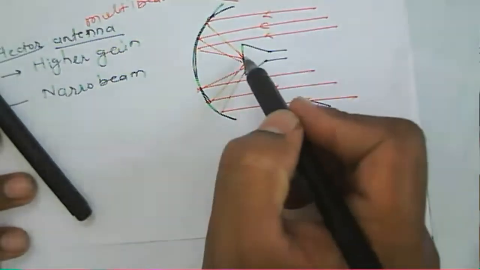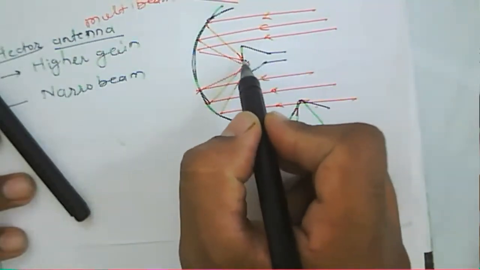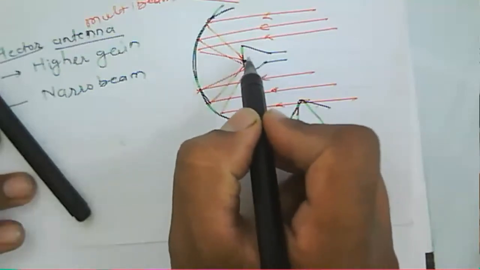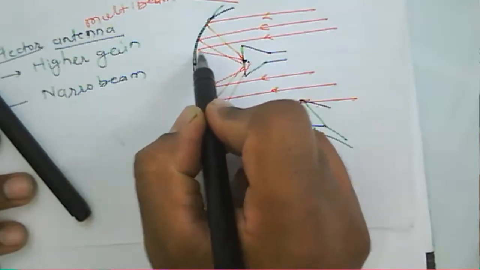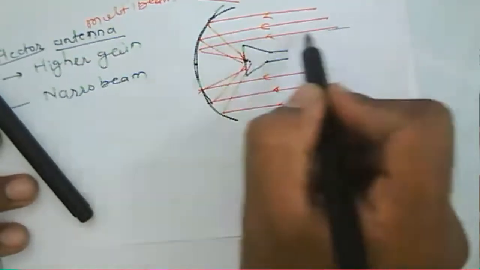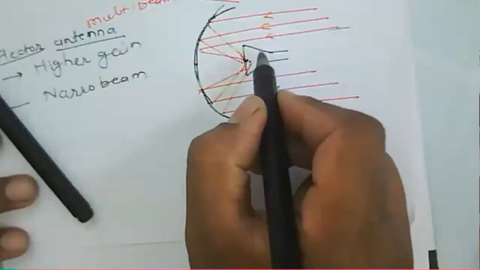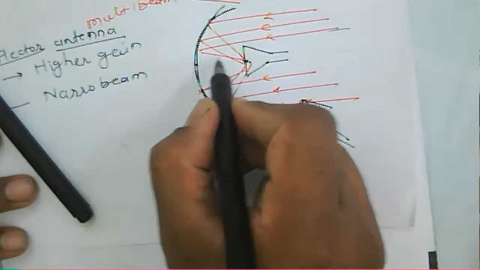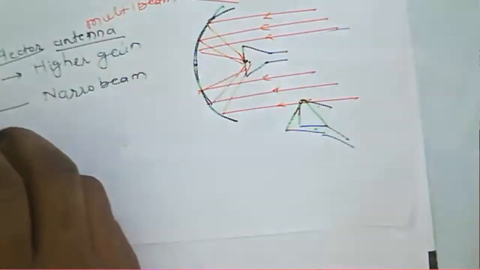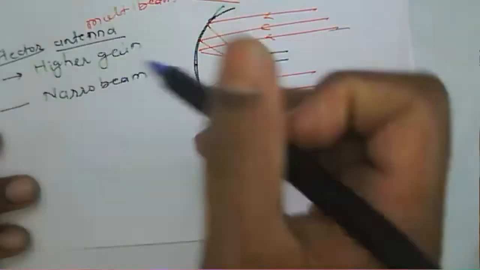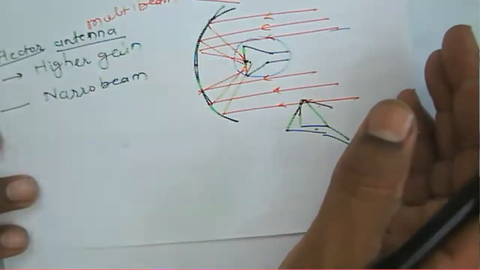In a center feed antenna, when the horn antenna transmits the signal, it reflects from the reflector itself, and then the signal is transmitted outward. That is the line of transmission, and the horn antenna is coming in that line. So this particular region is nothing but a blockage for the transmission.